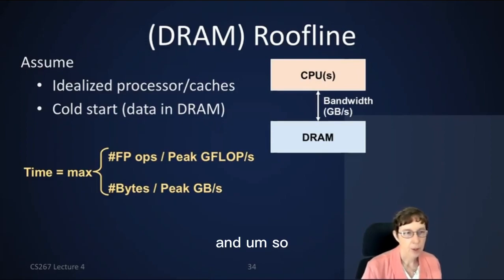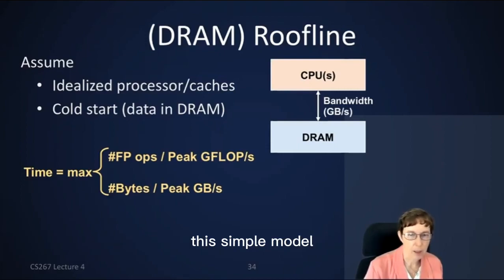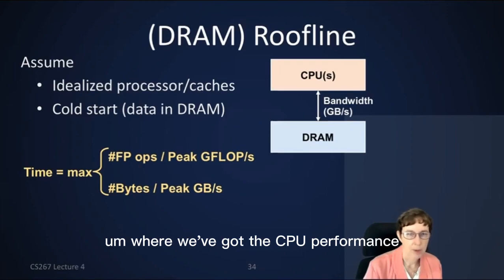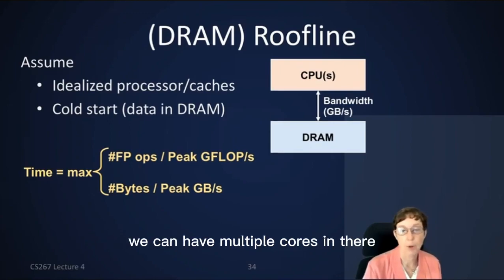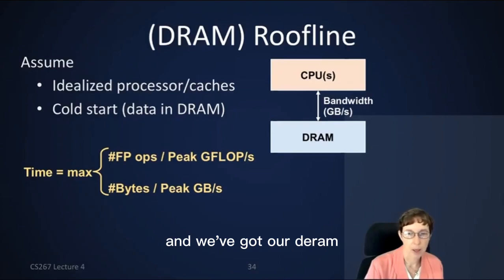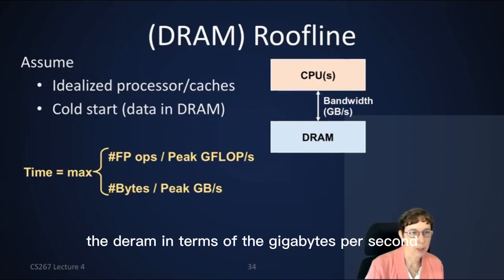And so what we need to look at here is if we've got just this simple model of a processor, now we're not even really paying attention to the cache, where we've got the CPU performance, and we could have multiple processors in there. We can have multiple cores in there. So it's the whole set of all of those cores in a multi-core system. And we've got our DRAM down here. We worry about the performance of the DRAM in terms of the gigabytes per second.